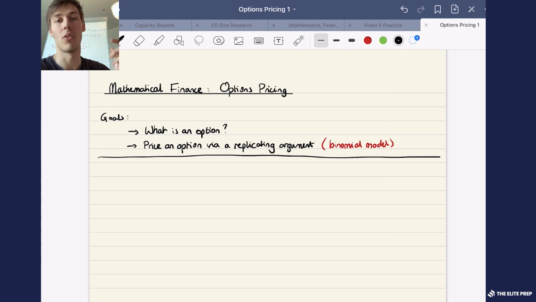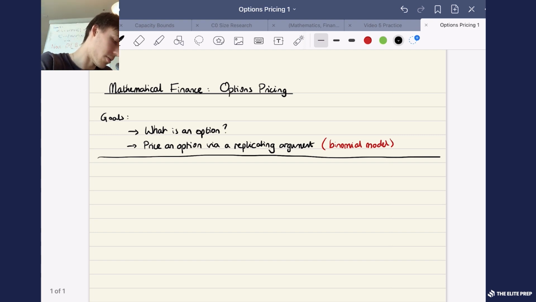So depending on the price of the underlying, you get some price of this financial instrument, and that price doesn't have to be linear. It can be kind of anything you can think of. An option is an example of a derivative. So an option specifically gives the buyer of the option the right, but not the obligation, to buy or sell the underlying at an agreed upon price and agreed upon time.